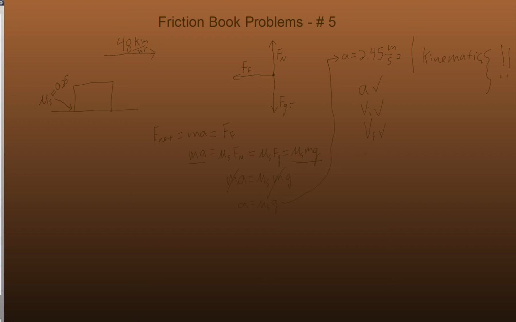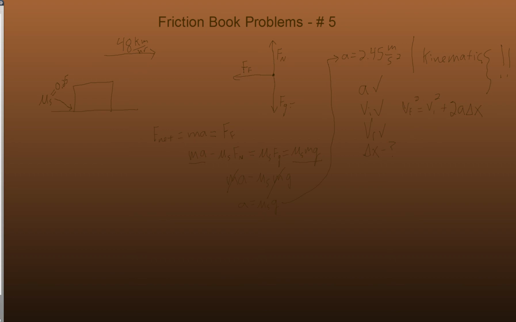And we're looking for, excuse me, delta x. So that equation you should remember or look up on your data table or your equation table. We have v final squared equals v initial squared plus 2a delta x.